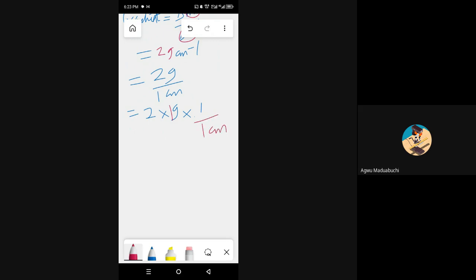Did you see that? Yes, sir. So to convert 1 gram to kilogram, you divide by 1,000.